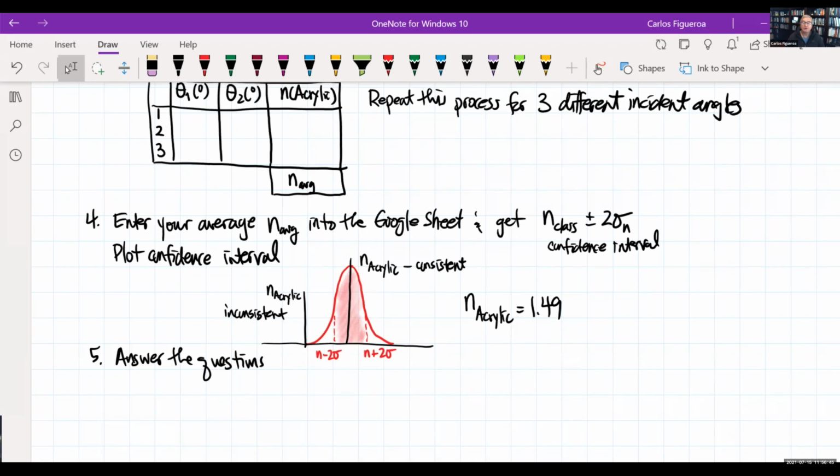Part 2 here is that we're going to predict and measure the critical angle.